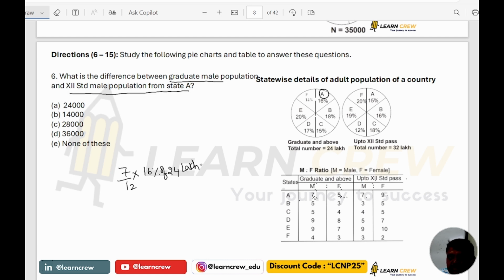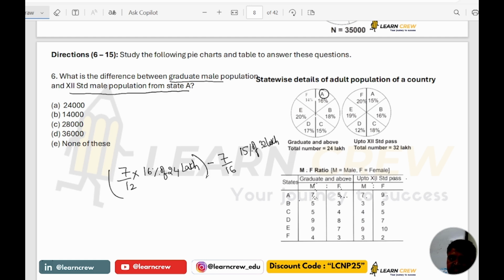Similarly, the 12th standard male population of state A. State A's 12th standard population is 15% of 32 lakhs. In this, male and female populations are in 7:9 ratio, so 7 parts are males, 9 parts are females. So 16 parts is this much value. I need males only, 7 by 16.